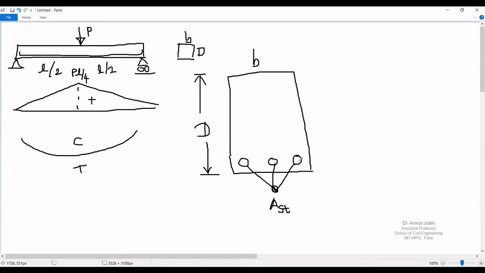So if I locate the centroid of AST, then the distance of this centroid of AST from the extreme compression fiber, by definition is denoted by small d, and we call this small d the effective depth.